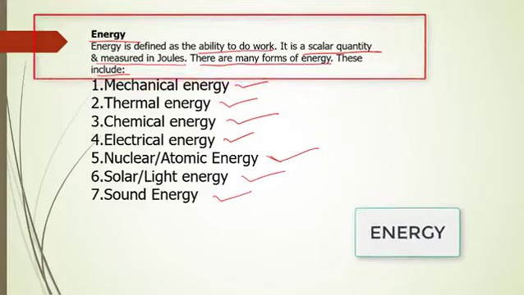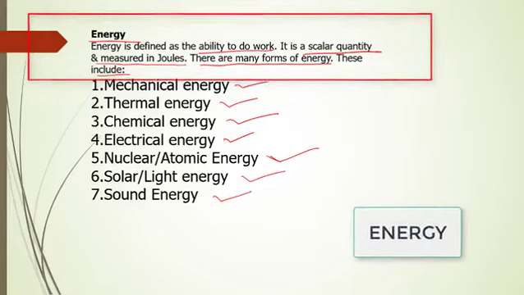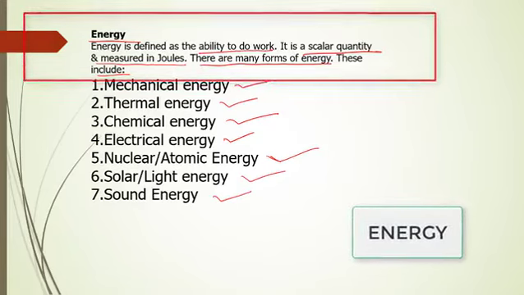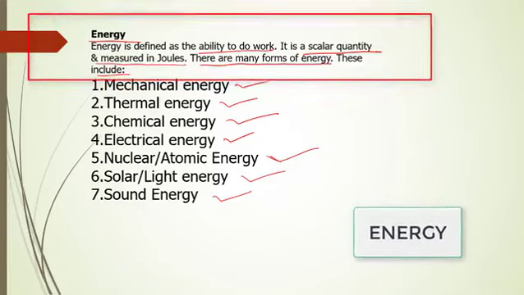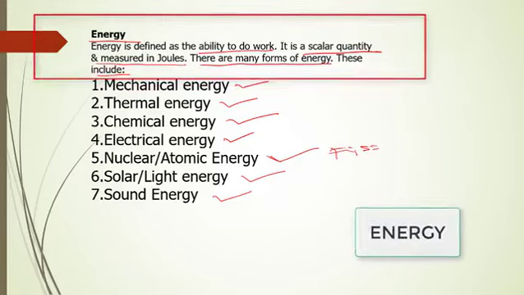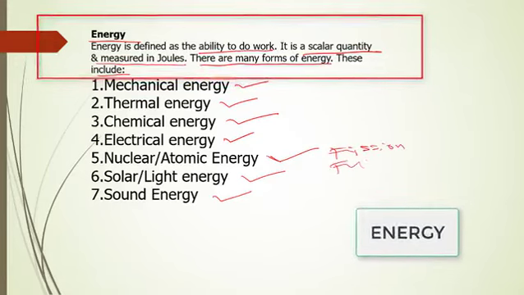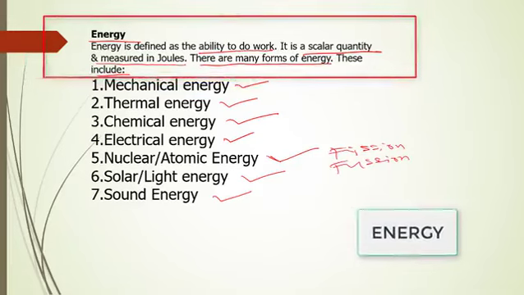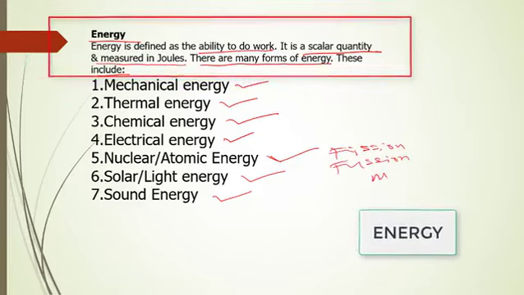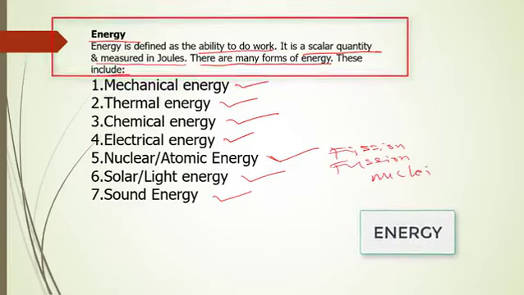Thermal energy has to do with heat, chemical energy has to do with chemical reactions, electrical energy has to do with the movement of electrons, electricity, and then nuclear atomic energy has to do with processes such as fission and fusion. It's the breaking down of heavy nuclei into smaller components, or the coming together of atoms so that a huge amount of energy is released.